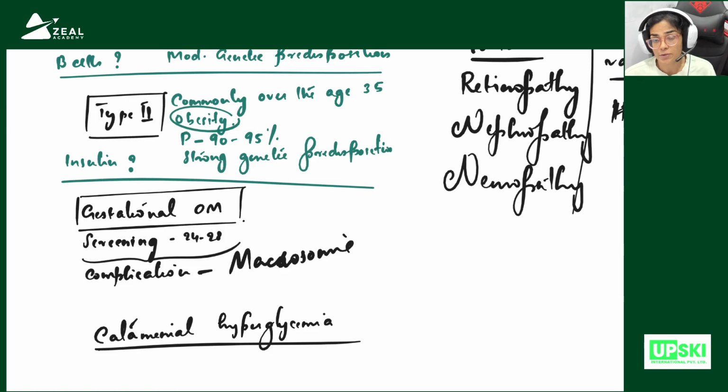Preeclampsia, hypertensive states or proteinuria, sometimes eclampsia and seizures, shoulder dislocation of the babies when their head is stuck at the vaginal canal. These are the complications. And some people will have diabetes, not actually diabetes, but hyperglycemia or changes in the glucose levels in the plasma during the menstrual phase, that is catamenial hypoglycemia.